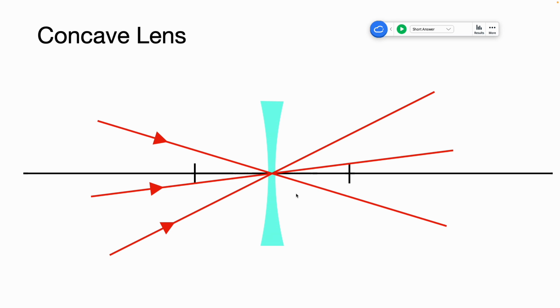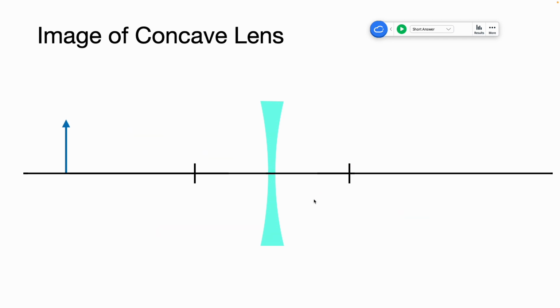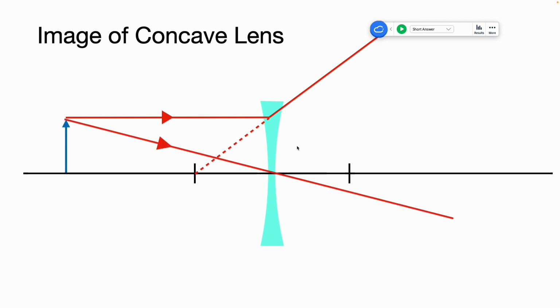Now, let's look at how the image will be formed by a concave lens. So, first line, as always, our best friend, the parallel line. In this case, for a concave lens, a parallel line will be diverged in a direction following this dotted line. So, it goes that way. The second line can be chosen to pass through the center of the lens.